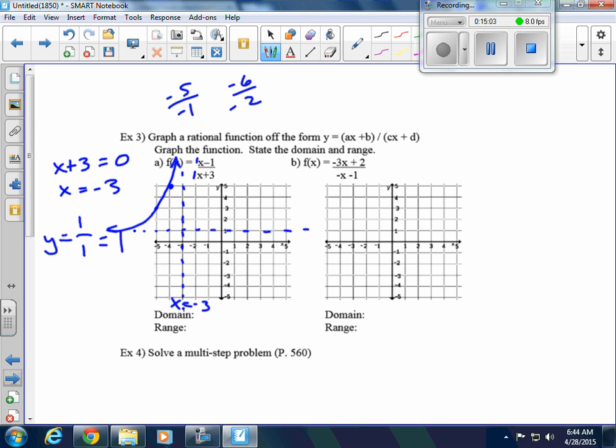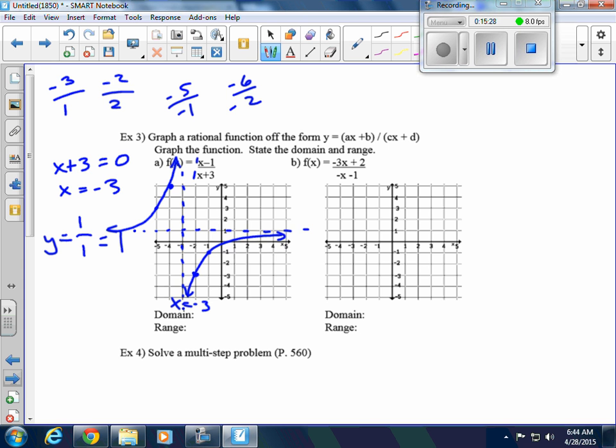And then we're going to do the same thing for the other side. So we're going to put in -2. That's going to give us -3 over 1, which is -3. And if we put in -1, that's going to give us -2 over 2, which is -1. And so we can see that this side is going to end up looking like that.